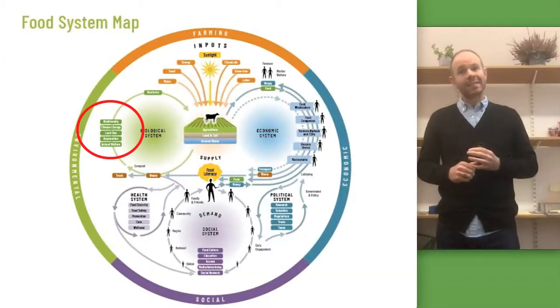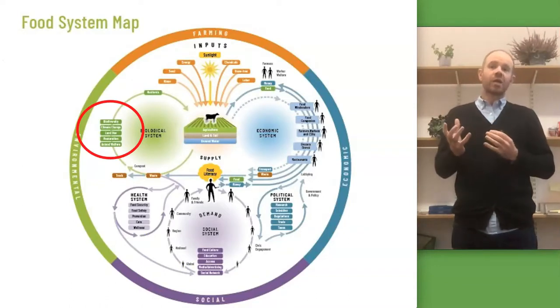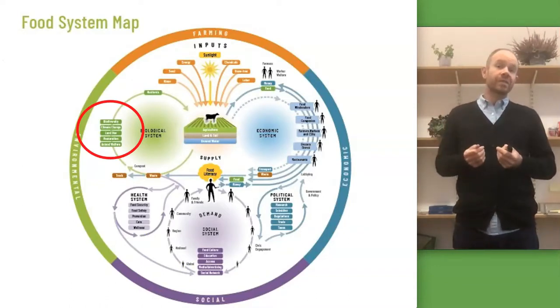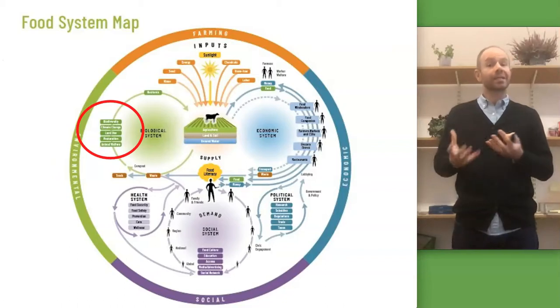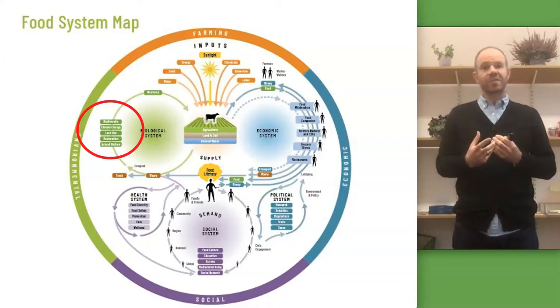Going real quick back to this food system map, we can look at these relationships really closely. So on this piece that I've highlighted here, we've got this biological system, we've got land use and climate change and fertilizers and types of things there.